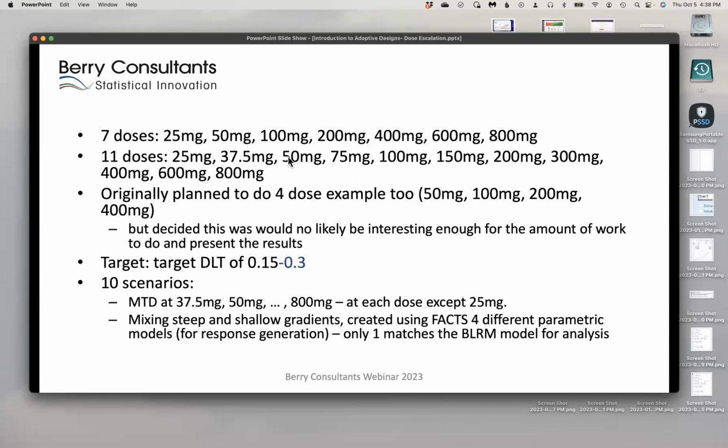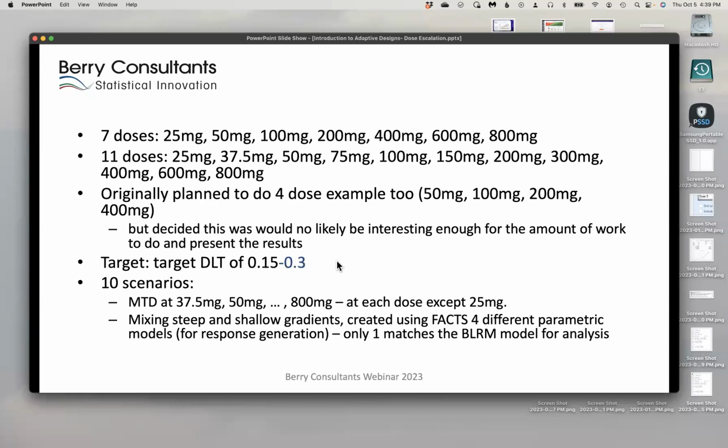So 37.5, 50, 75, 100, 150, 200, 300, 400, 600, and 800. Our target DLT range will be 0.15 to 0.3.